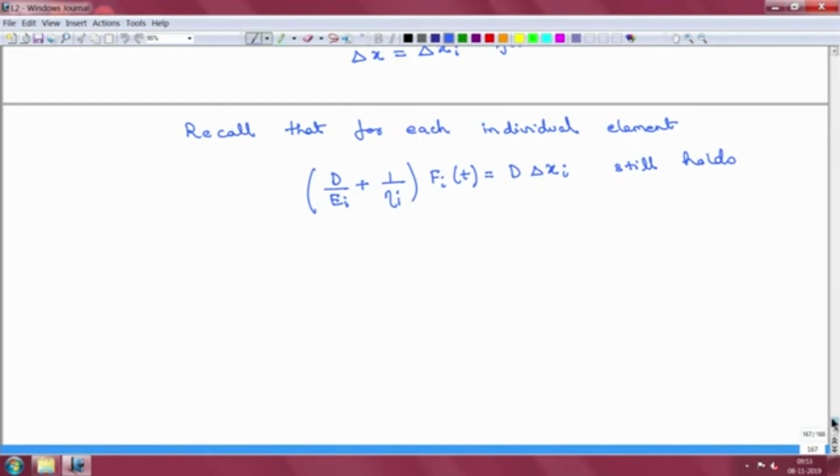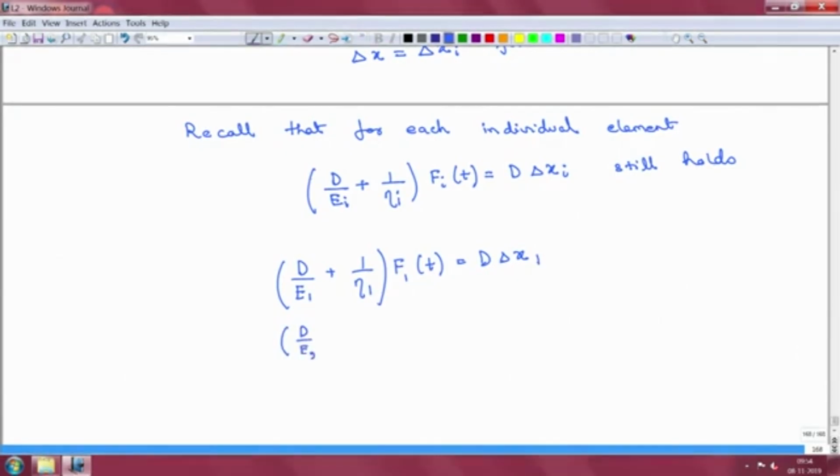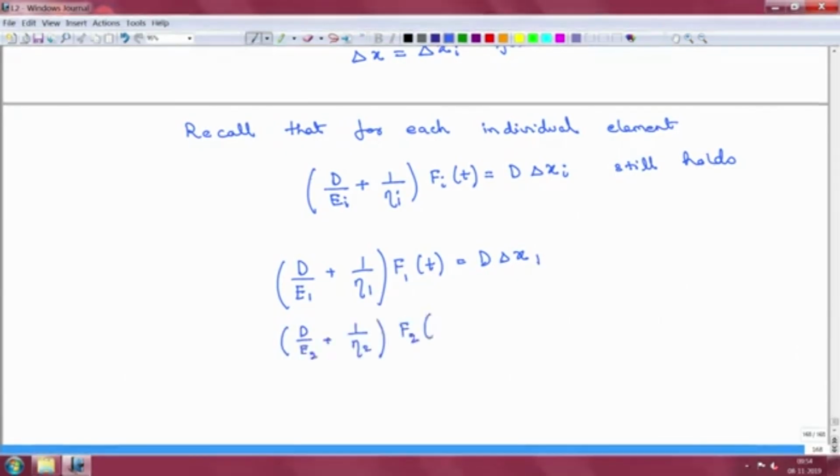Okay. So, I am just going to rewrite this, and I am going to say that this basically corresponds to the set of differential equations such that you have, so this is for the first element, then you have one for the second element. I am just expanding the equation that I wrote before. Okay.